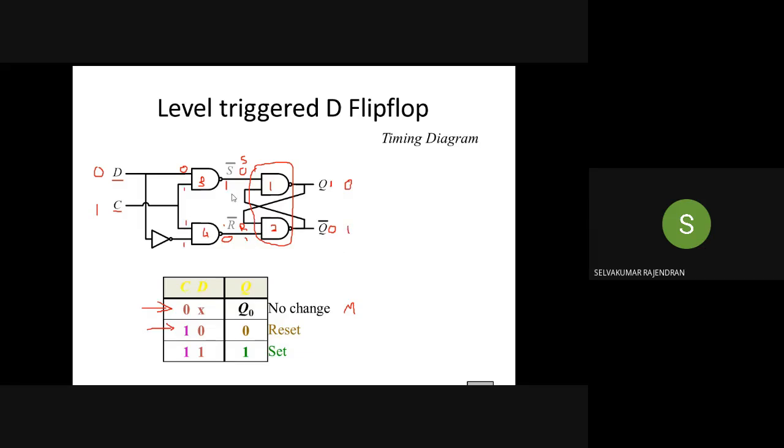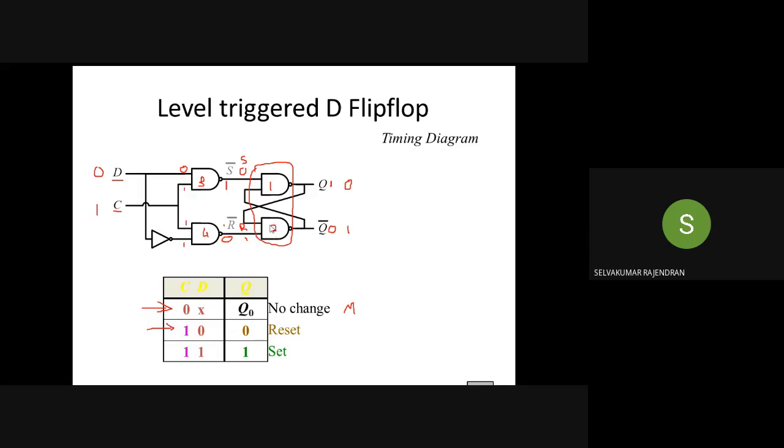Or otherwise, you can observe the operation of the whole circuit based on the signals generated in the circuit. S bar has logic 1, R bar has logic 0. Now the 1 is applied to one of the inputs of NAND gate 1. The other input is coming from Q bar, which previously we assumed to be 0. Now R bar is equal to 0, and this signal is applied to NAND gate 2.